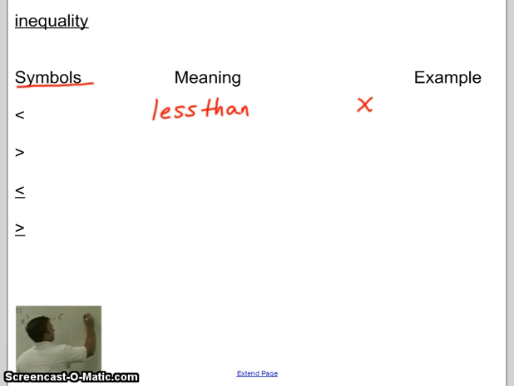So x is less than 3. The second symbol is greater than. Four is greater than 2.